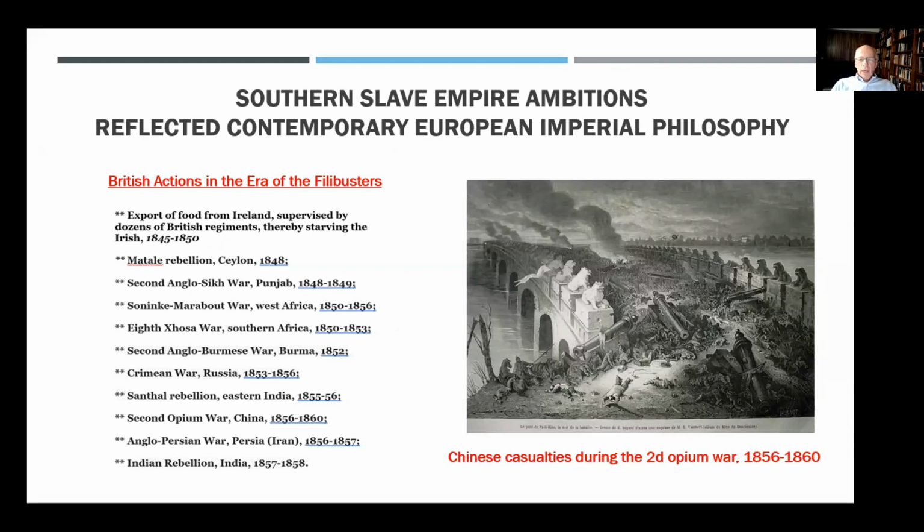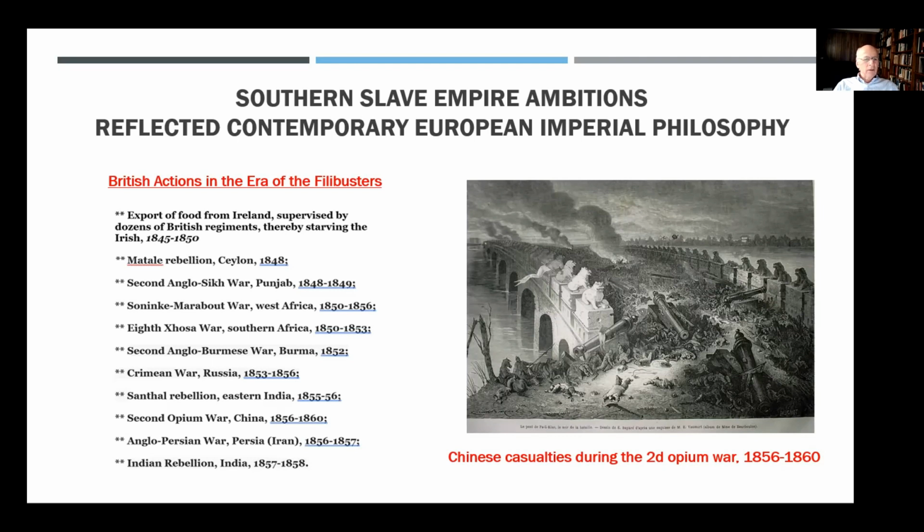The people involved with these ambitions for a slave empire echoed and in many ways interacted with European imperial actions and philosophy. I have a list here of British military actions in this era.